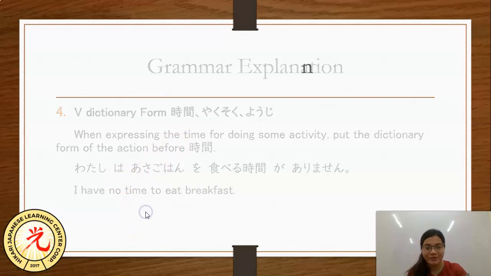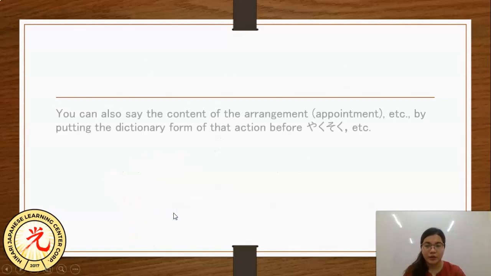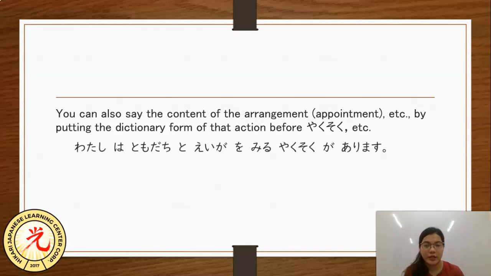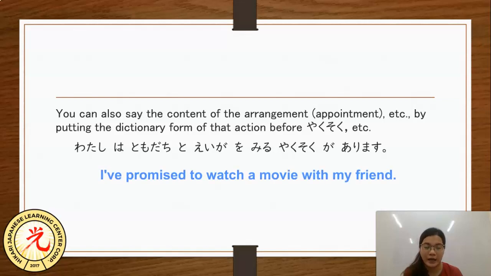Okay? You can also say the content of the arrangement, just like appointment, promise, etc., by putting the dictionary form of that action before yakusoku or appointment. Just like the example here, watashi wa tomodachi to eiga o miru yakusoku ga arimasu.